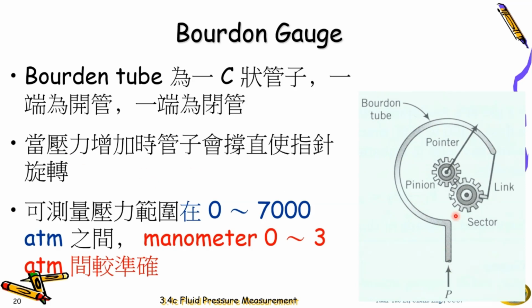When the pressure goes in, the tube gets straight, and the sector gear and pinion gear do the indication. The range is very good, about 0 to 7,000 ATM, compared to a mercury manometer, which is from 0 to 3. This is why it is a very cheap but very good gauge to measure pressure.